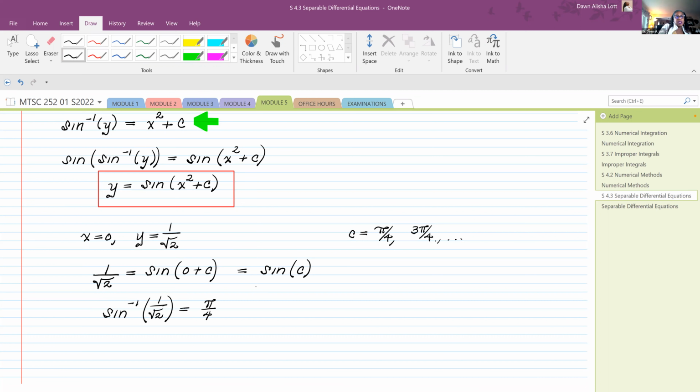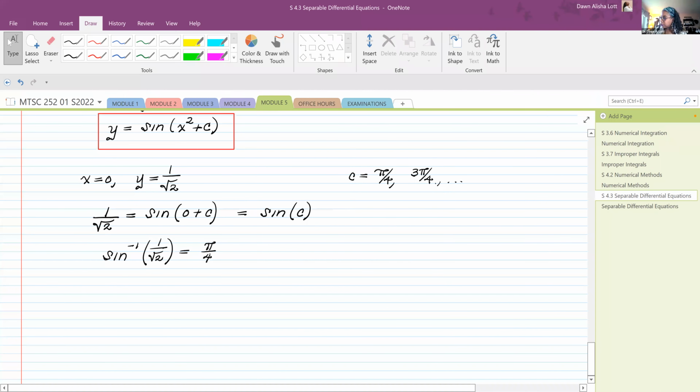So now we know c has to be the pi over 4 value. So we get y is equal to the sine of x squared plus pi over 4. Any questions?